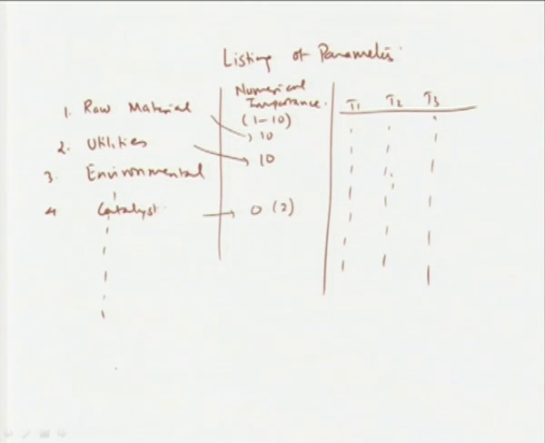Now, the viability coefficient is then defined as V equal to the summation of all of the marks that we give divided by the importance.